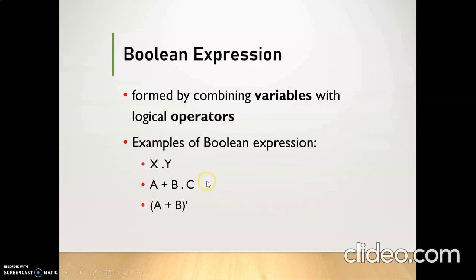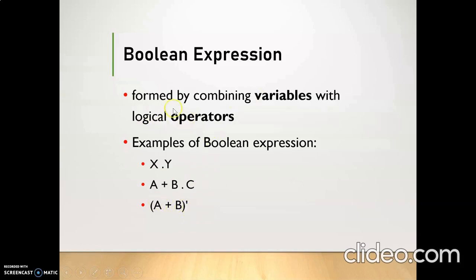These are a few examples of Boolean expressions. We can have x dot y, which means x and y. A plus b dot c means a or b and c. A plus b in square brackets prime means not (a or b).